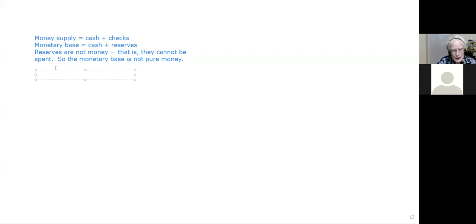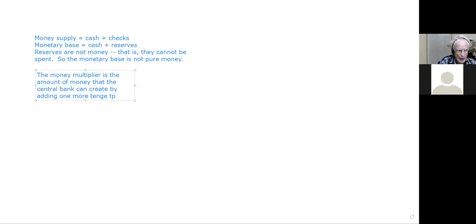The multiplier is the amount of money that the central bank can create by adding one more penny to the monetary base. Mainly, this particular question is mathematical.